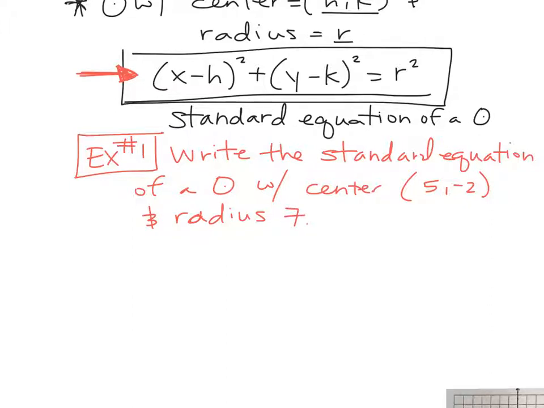So you have the standard equation right up here. So you do x minus 5 squared plus y minus -2 squared.